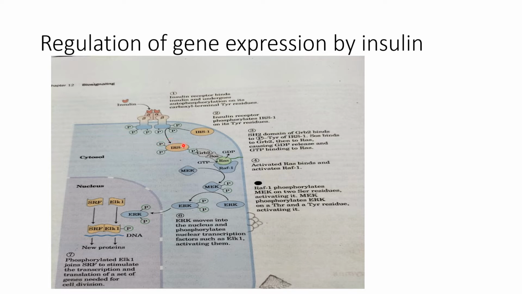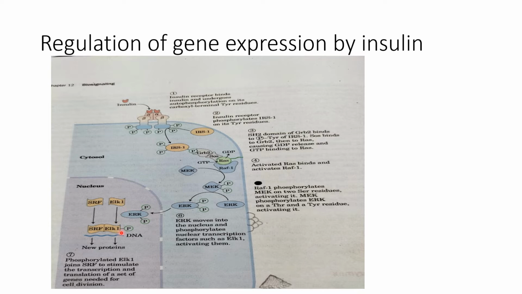The name of this is IRS1, insulin receptor substrate. When it phosphorylates many enzymes, ultimately this information reaches the nucleus, and it will transcribe a kind of protein. So this is the process of how insulin regulates gene expression.